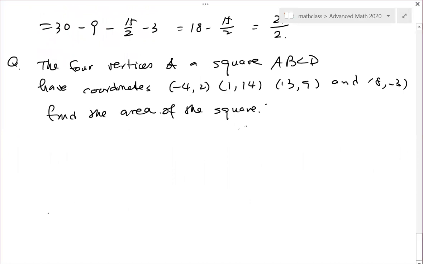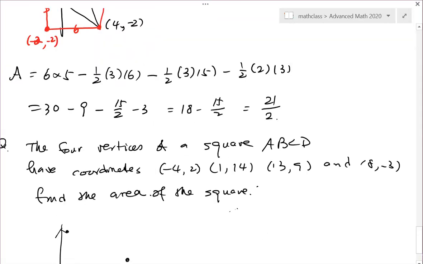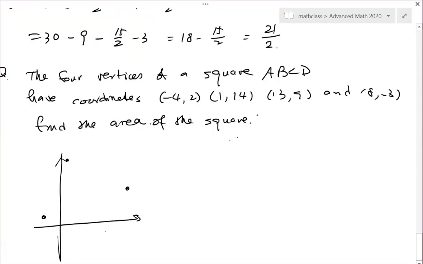You can sketch the graph. So a bunch of points here. -4 and 2 is here. 1 and 14 is here. 13 and 9 is here. And the other point is 8 and -3. So a pretty good idea how the square looks like.